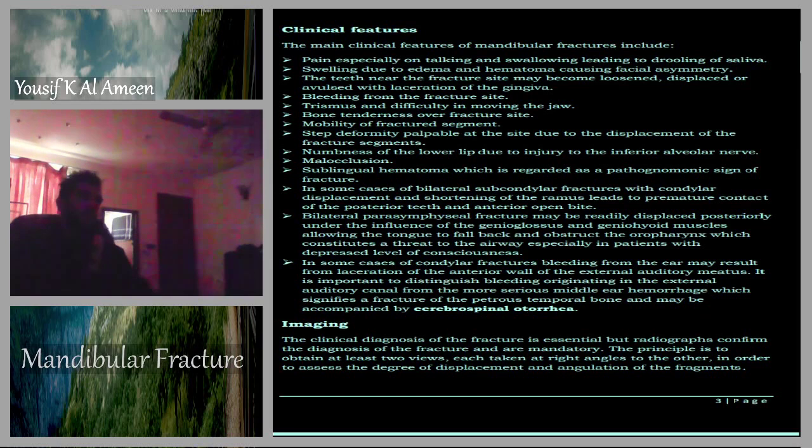In some cases of bilateral subcondylar fracture with condylar displacement and shortening of the ramus, leading to the premature contact of the posterior teeth and anterior open bite.